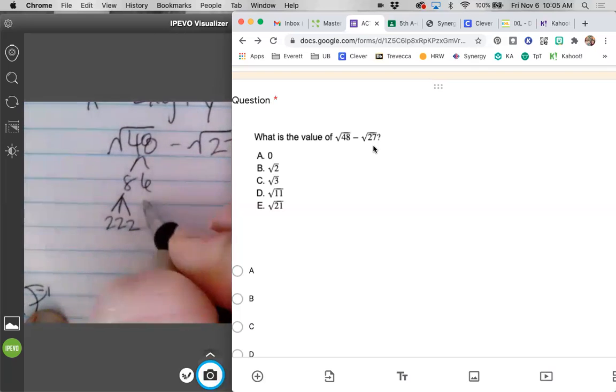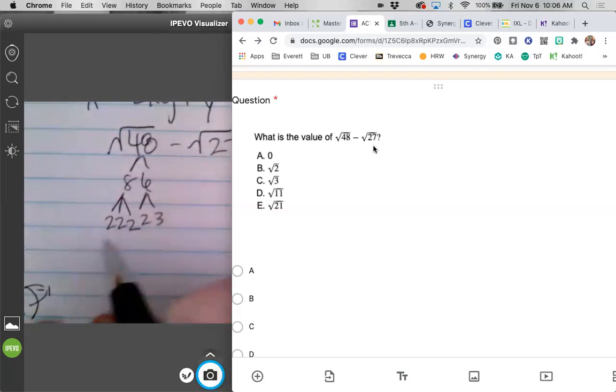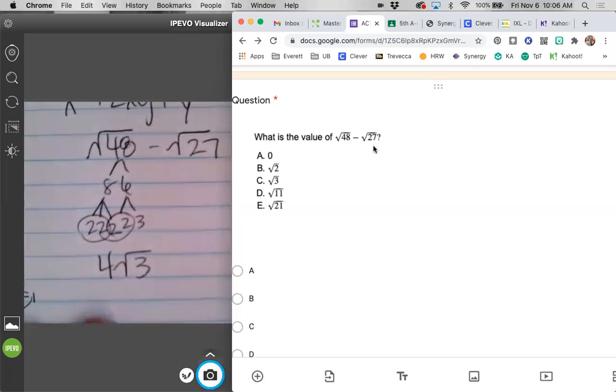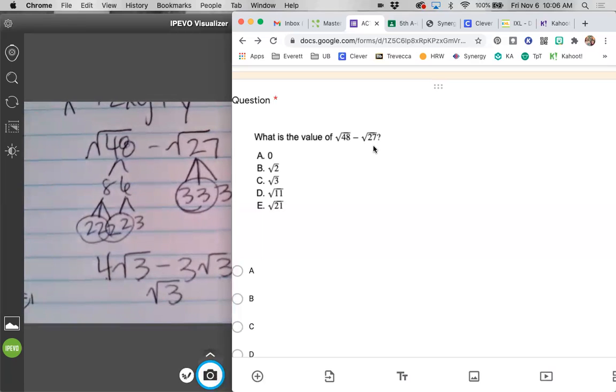That's 2 times 2 times 2, and that's 2 times 3. So I can take out 2 groups of 2, which is a 4, and the 3 stays under the radical. 27 is 3 times 3 times 3. So a 3 comes out and a 3 stays under. 4 of these minus 3 of these leaves 1 of these. So square root of 3 is your answer.